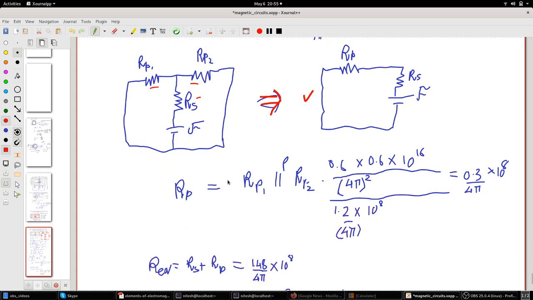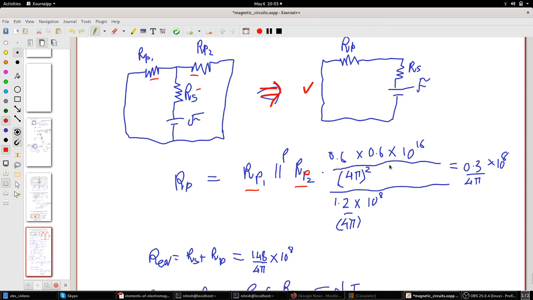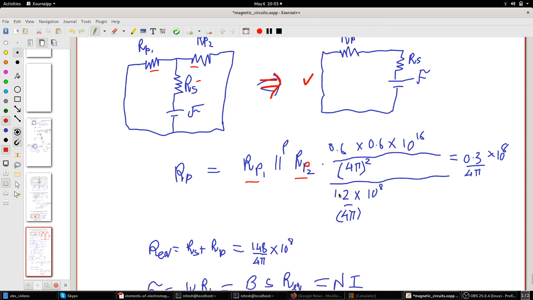So I can find out the parallel equivalent reluctance, which is RP1 in parallel with RP2. What I'll get is 0.6 into 0.6 into 10 raised to 16 divided by 4 pi square, divided by 0.6 plus 0.6 into 10 raised to 8 divided by 4 pi.